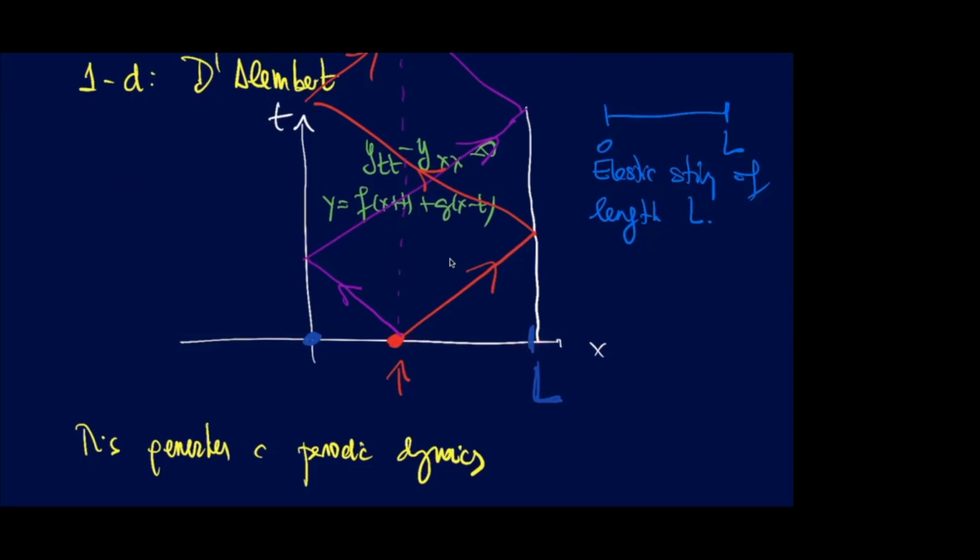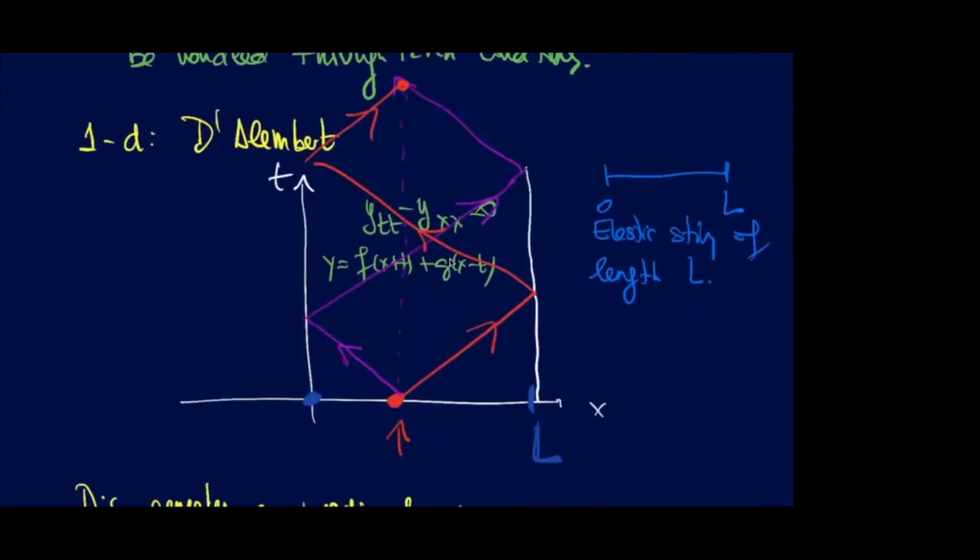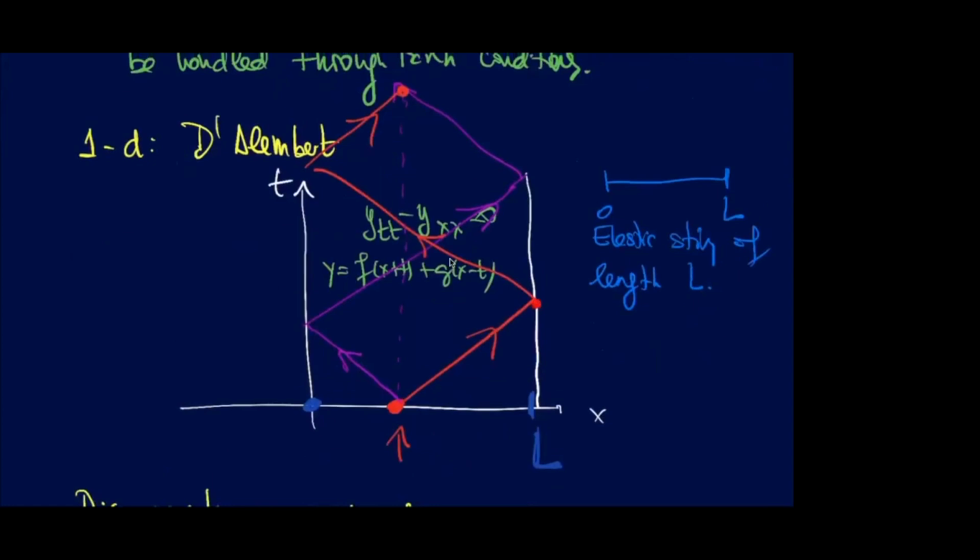The length being L, what is the time that this wave needs to follow this path and get here? It's going to be 2L, right? Because if the velocity of propagation is 1, the time needed to cross the full domain, from right to left, is L, because L is the distance that I am traveling in the x direction.